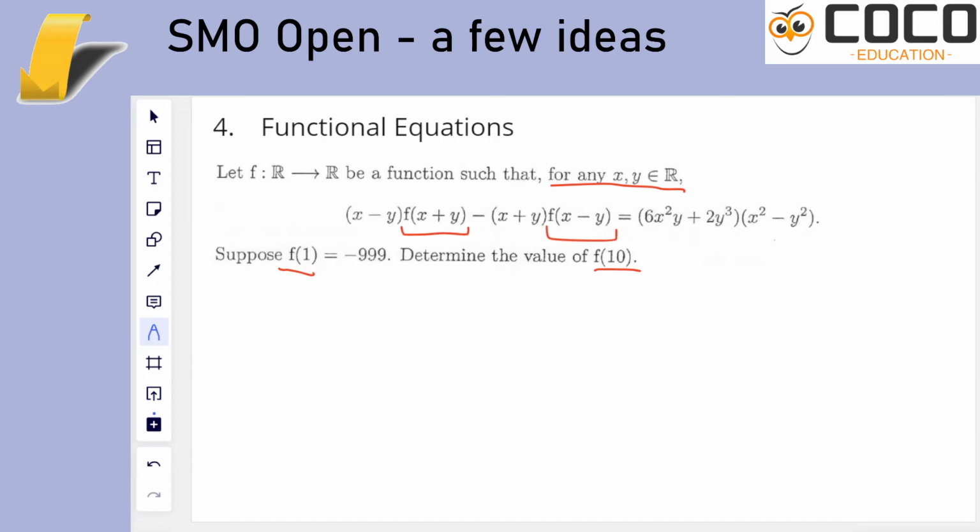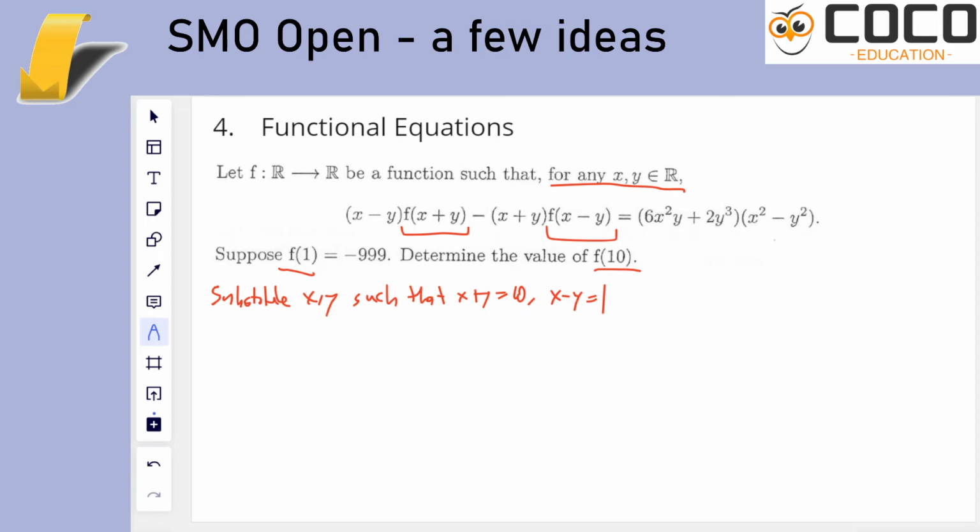So just substitute x, y such that x plus y equals 10 and x minus y equals 1. Of course, that would be 11 over 2 and 9 over 2. And then after a little bit of calculation, you're going to get f of 10 straight away.